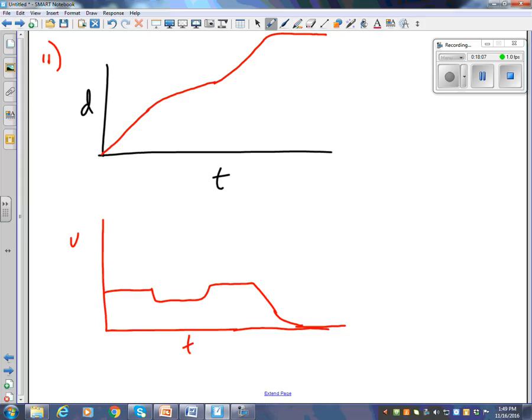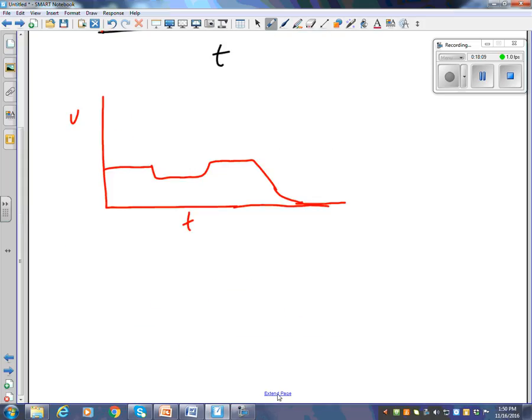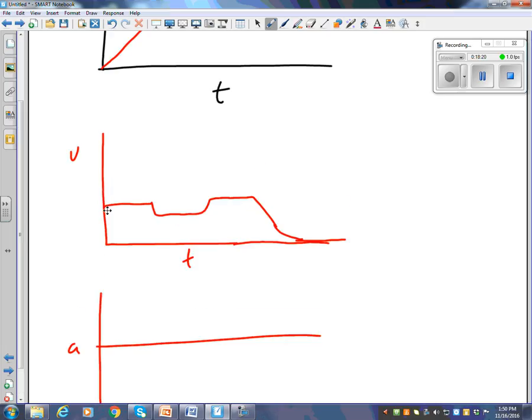A lot of people get like 3 out of 6 on this. The acceleration time graph is the hardest one on the whole test. But it's the same thought process. What's the slope right here? 0. And then right there it becomes negative for a tiny fraction of time. Then it goes back to 0.